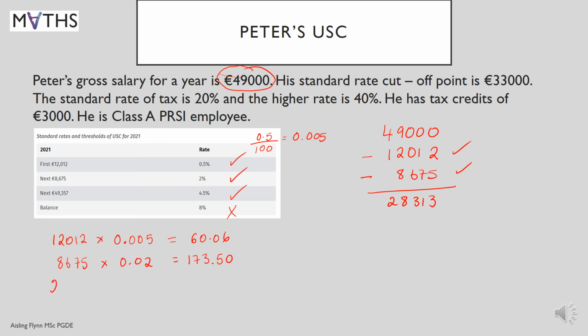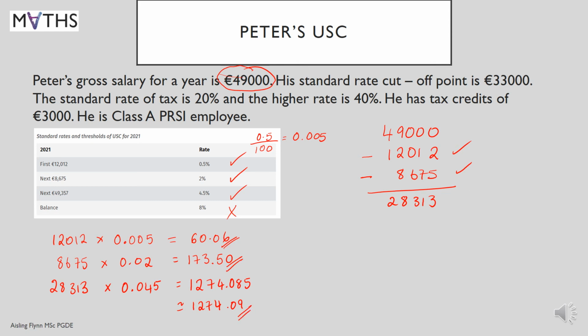So €28,313 is to be taxed at 4.5%, which is 0.045. And what I get for that is 1,274.085. Because this is money, we'll round to the nearest cent, so 1,274.09. So we have three figures for USC, three parts to it.